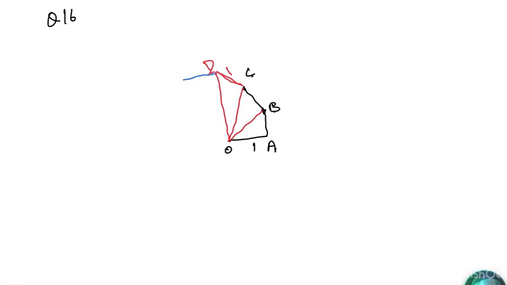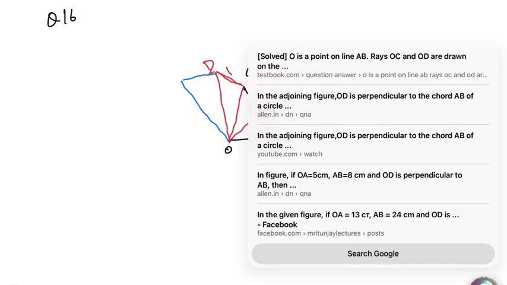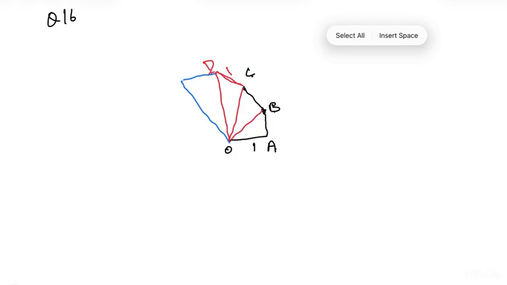There are 10 triangles given to you in your book. Question number 16: a spiral is given to you like this.